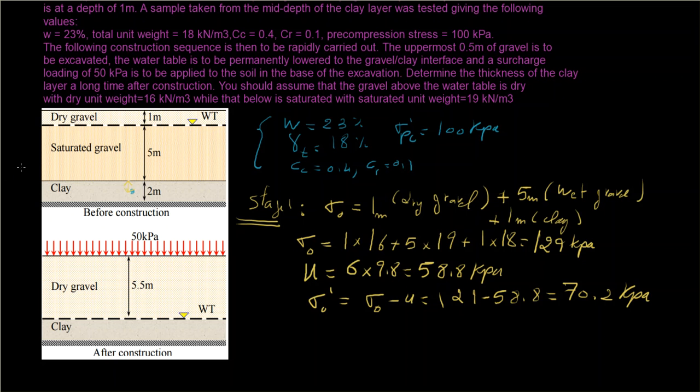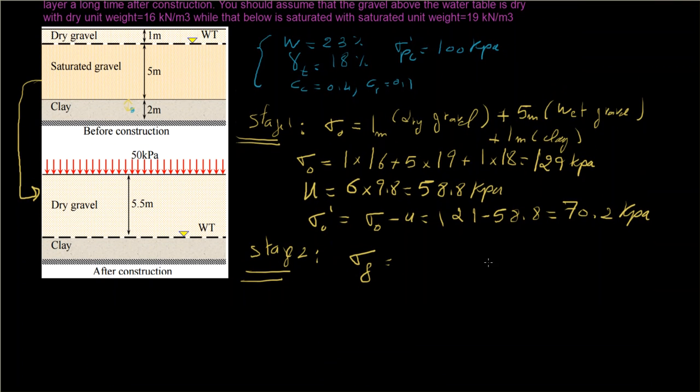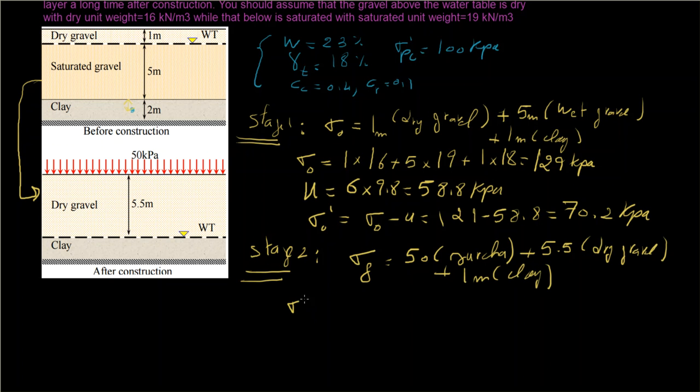Okay. Then we've moved to stage 2. Let's call this the final stress. Here we have 50 kPa surcharge plus 5.5 meters of dry gravel plus 1 meter of clay.